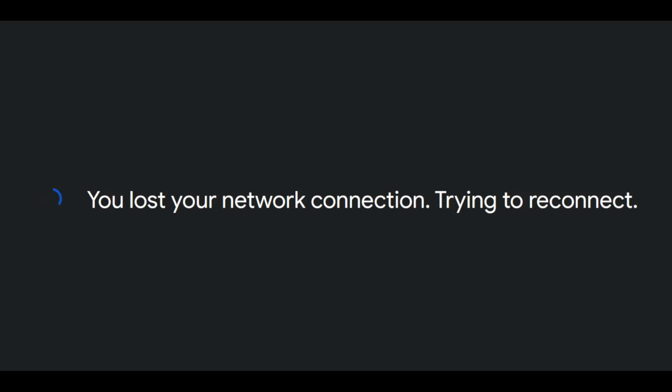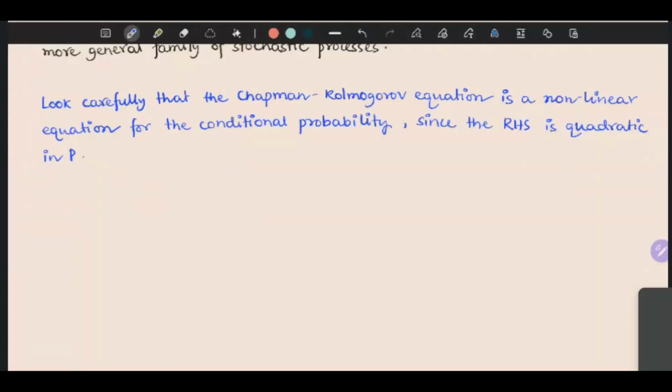Now nonlinear equations are pretty much harder to solve. So we need to use certain tricks to make this equation linear.